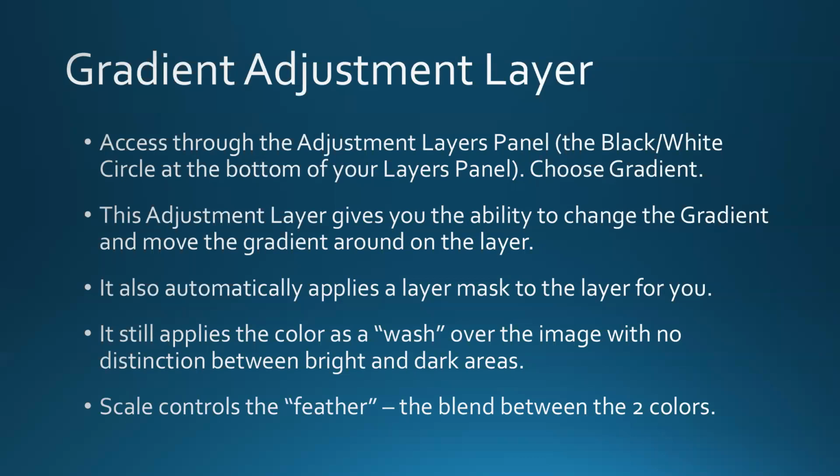It still applies the color as a wash with no distinction between bright and dark areas. But that's okay. There are times when we want that as opposed to a gradient map, and you'll see the differences more apparently when I start doing it. And the scale feature in that layer controls the feathering, which is the blend between the two colors. So you can make it blend more gradually or a sharper blend depending on what you're doing.